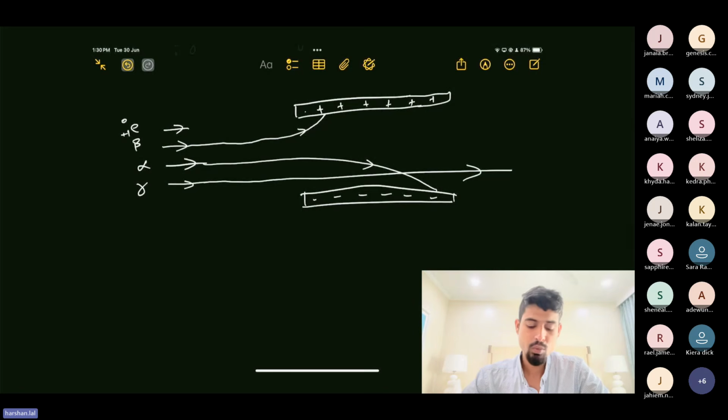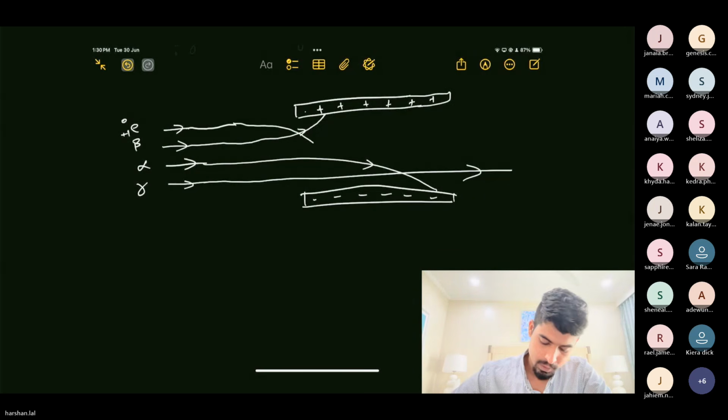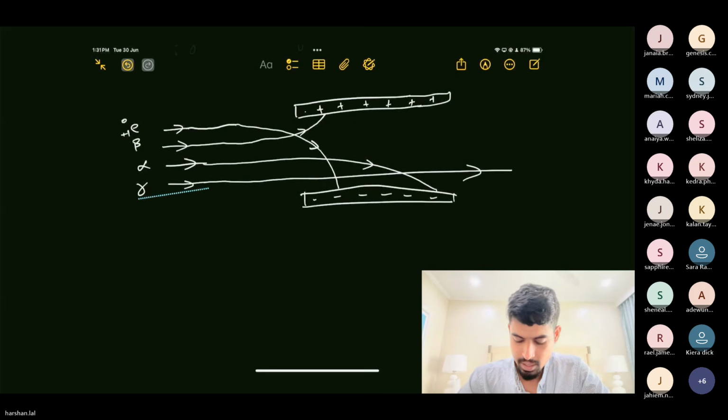So it will be deflected by the same amount as the beta particle, just in the opposite direction. So we can draw this one like this, right? Well, should be the same amount. This should be the same amount, right? For the beta particle and the positron, right? This is how they would be deflected.